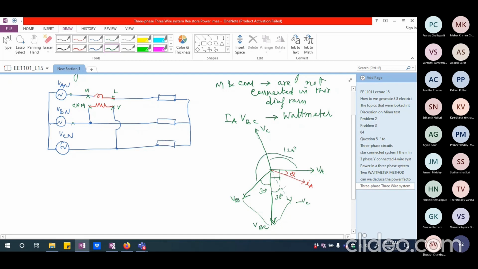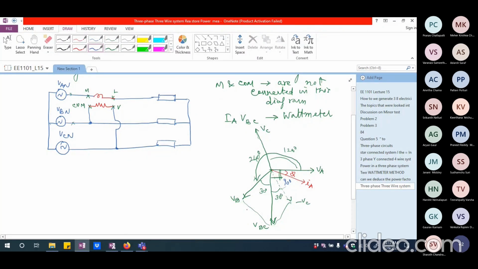If I look at the entire thing, this will be 240. So this is 120, and 120 minus 30 will be 90. So the phase difference between VA and VBC is 90 degrees.